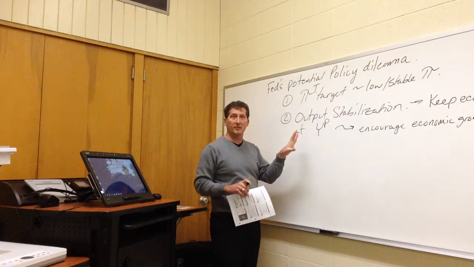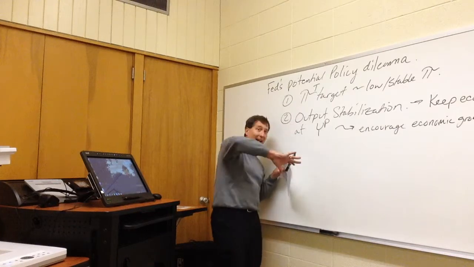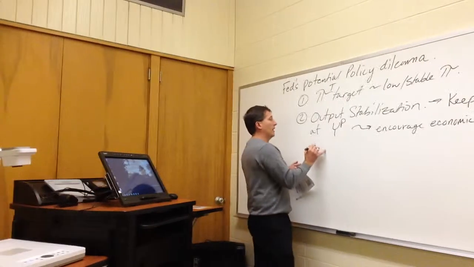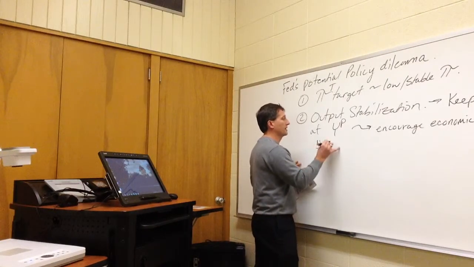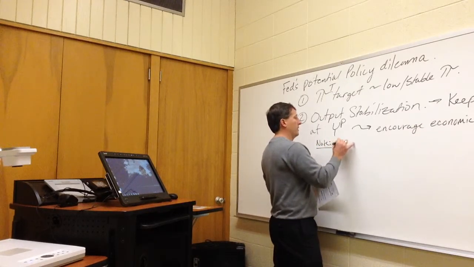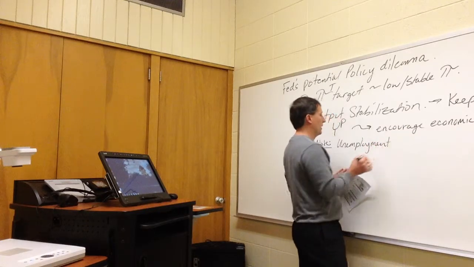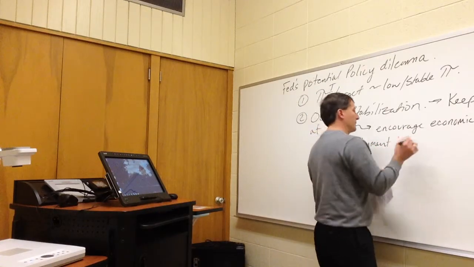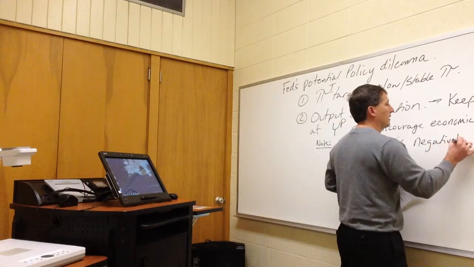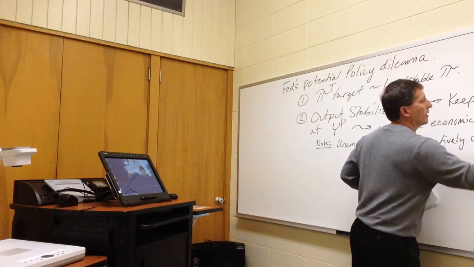So we have that positive relationship between employment and economic growth, or the negative relationship of unemployment and economic growth, right? So let's just, for this time, add a note, because it's an important note. Unemployment is negatively correlated with output.